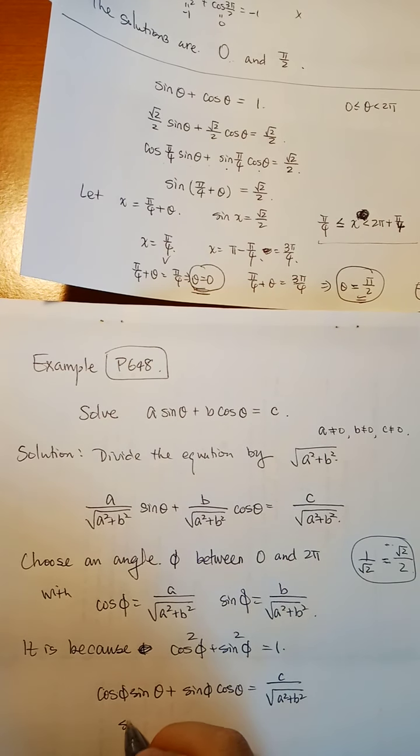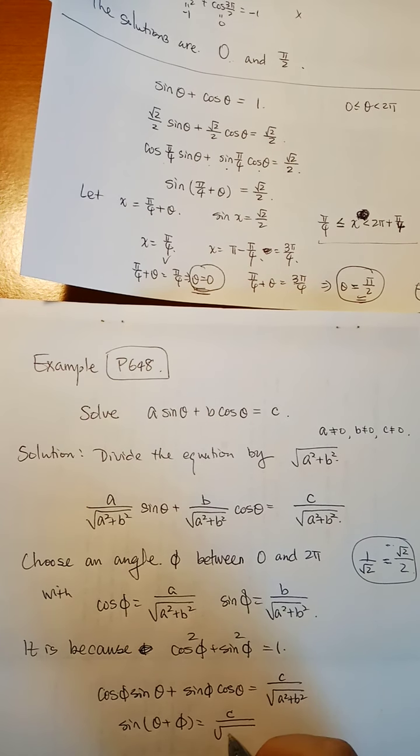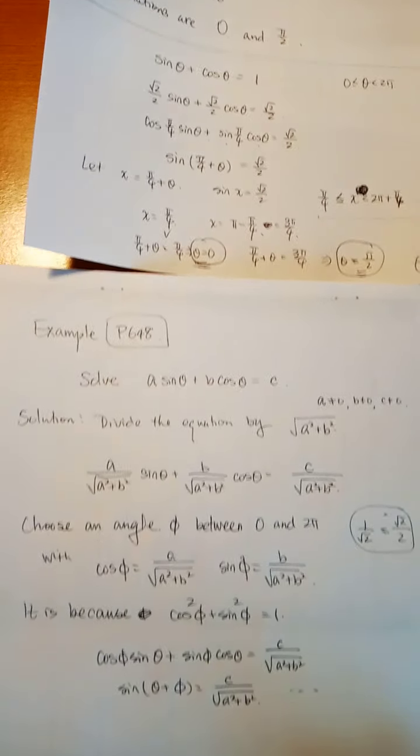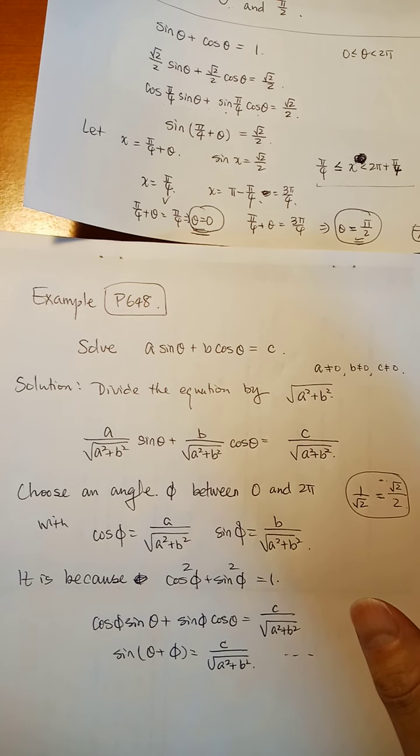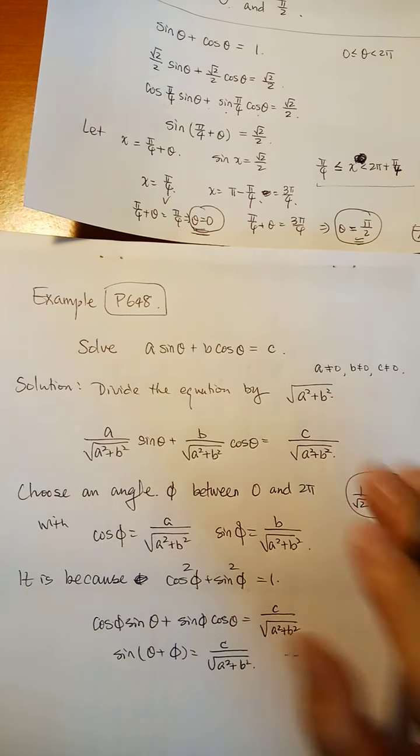And then you will have sine of theta plus phi is equal to this number. Then you will start the computation. You will continue the computation. Okay, so that's the strategy, the process. And that's the reason we go through it.